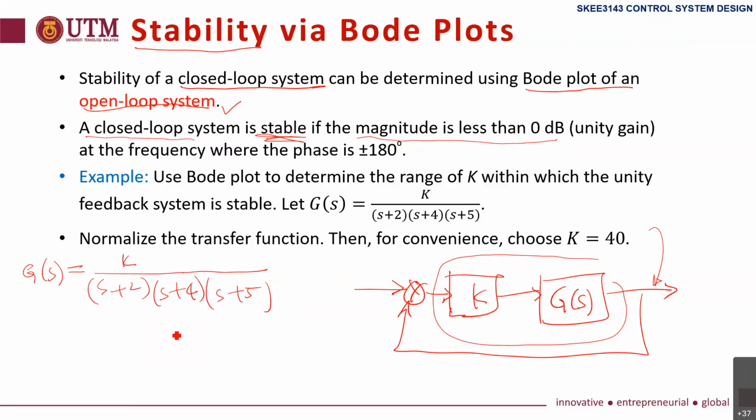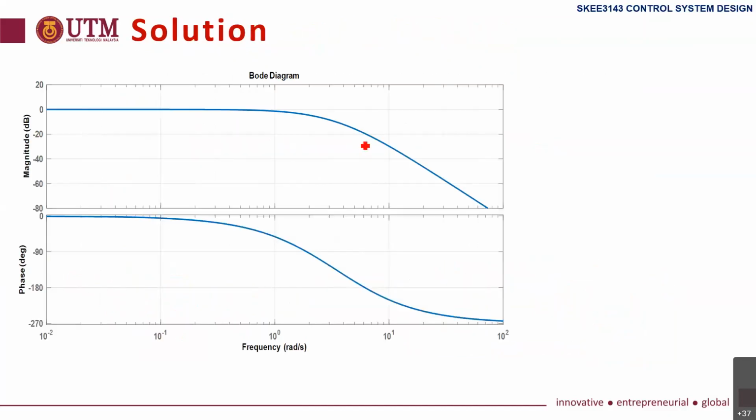We will straight away know that the phase angle will finally go to minus 270 degrees, because each pole contributes minus 90 degrees. You see, this is the exact Bode plot.